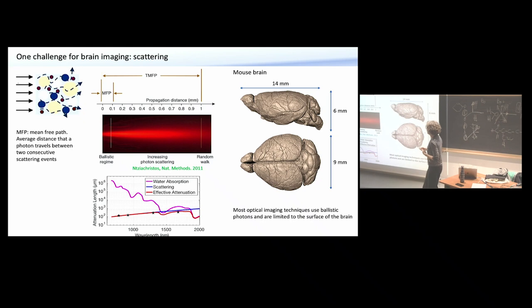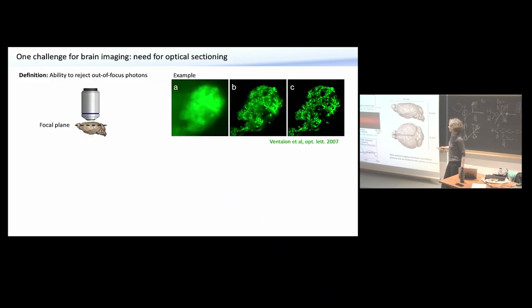So basically, you will use the first 100 to 300, 400 microns of the brain. But a mouse brain is huge, 10 millimeters compared to this 100 microns. So you only have access to the surface of the brain, and it's really a challenge to go deeper, and it's really needed because we are not only interested in the first 100 microns of the brain. This is the biggest challenge.